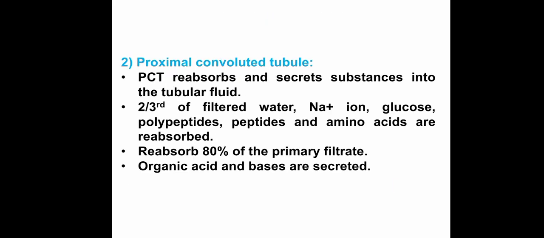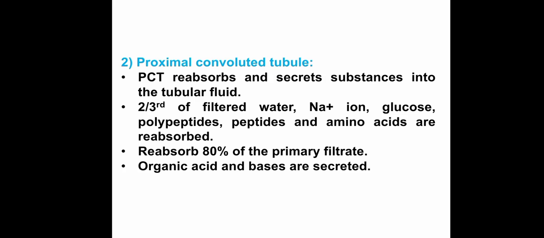Okay, next one is the proximal convoluted tubule. All these tubules have two main functions. One function is the reabsorption of the filtrate, the second one is secretion. So the PCT reabsorbs and secretes substances into the tubular fluid.